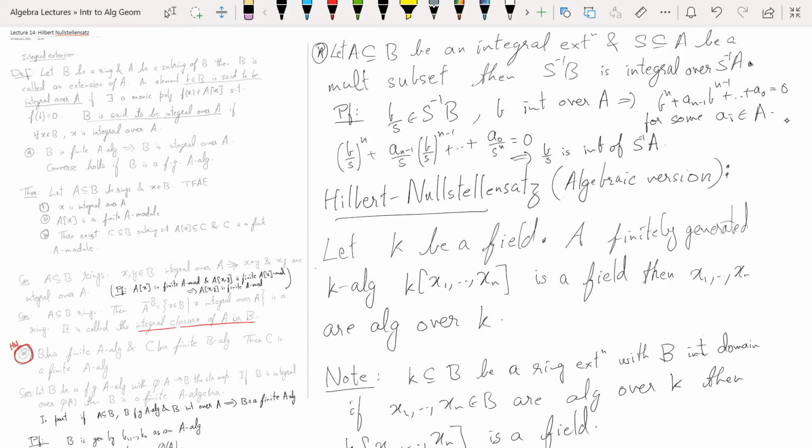You can show that UFDs are integrally closed, which gives you a lot of examples of integrally closed rings. So every unique factorization domain, for instance a polynomial ring in any number of variables over a field or the integers, is integrally closed. But there are examples of rings which are not integrally closed.